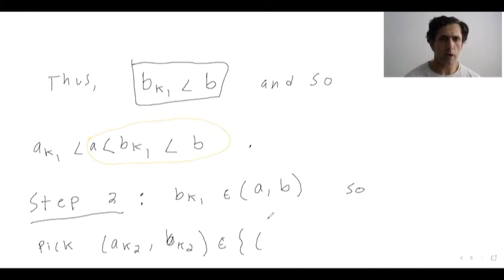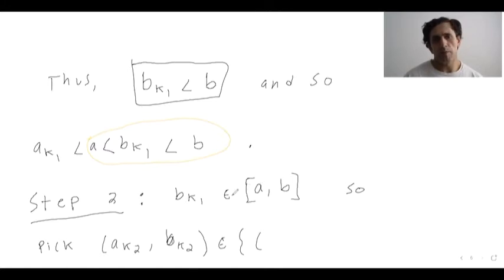So remember, well, sorry, this is true. What I've said is absolutely correct.